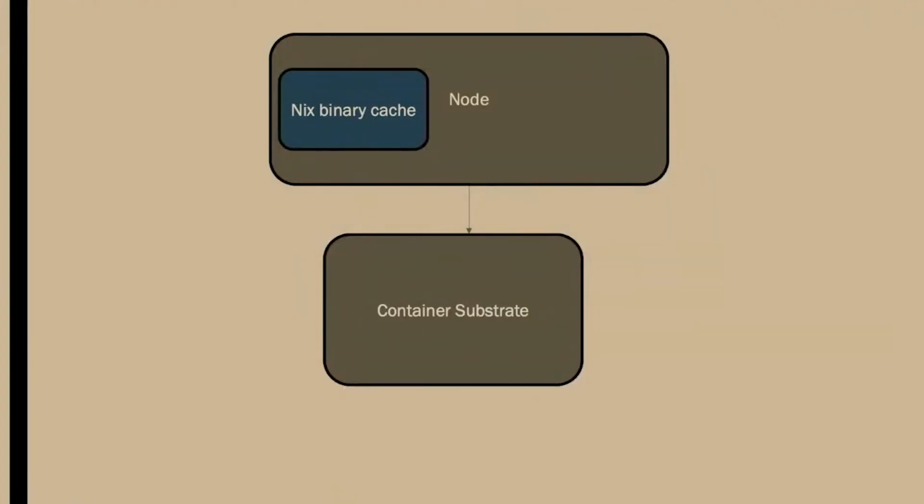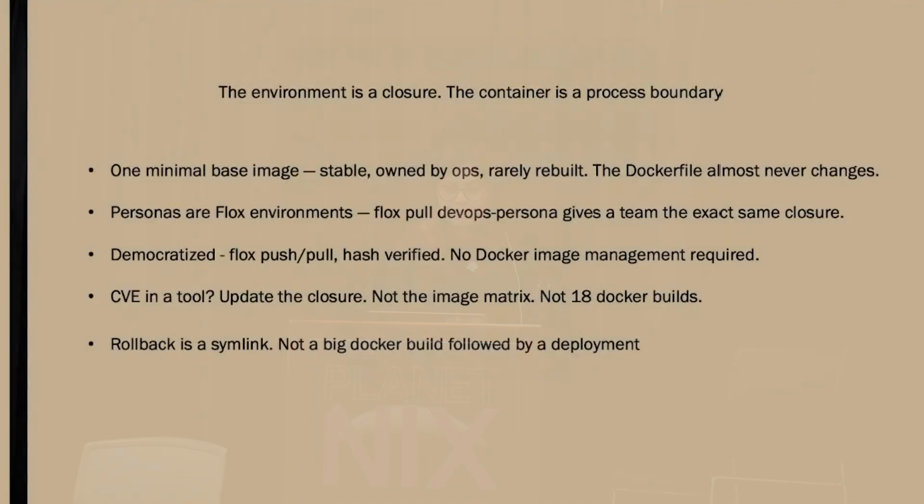If you own the host, like in a typical Kubernetes scenario where you own the node, then you can put your binary cache in the node, and then you could have the substrate and the pods pull from it. So in closing, the environment is a closure and the container is a process boundary, and that's the case I'm making.